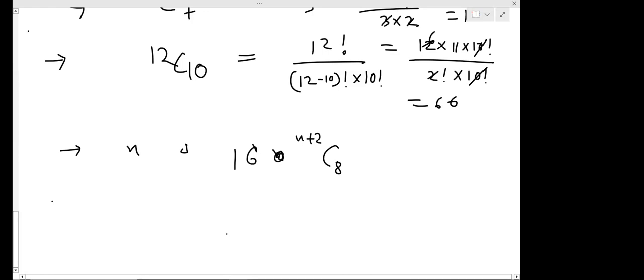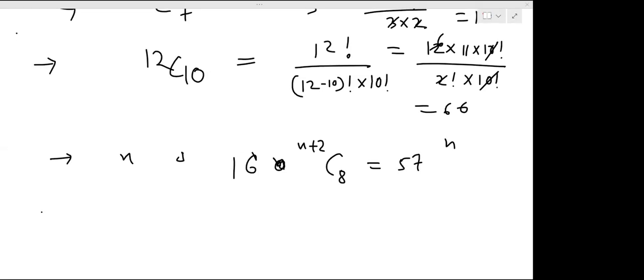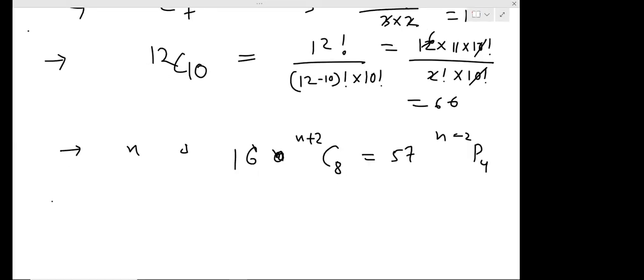Okay, now you can solve. Yes or no? Can you solve? Then this is equal to 57 n minus 2 P4. How to solve this?